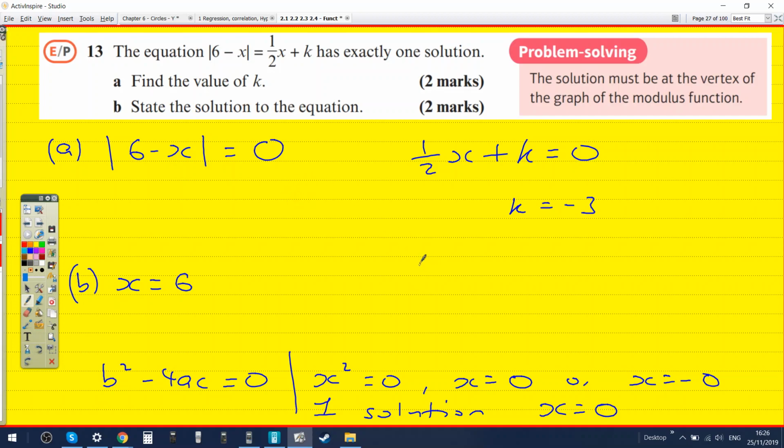And what if I said the modulus of x is equal to minus 1? X would be... is it just minus 1? And so if you put in modulus of x is minus 1 into your calculator, would you get minus 1?